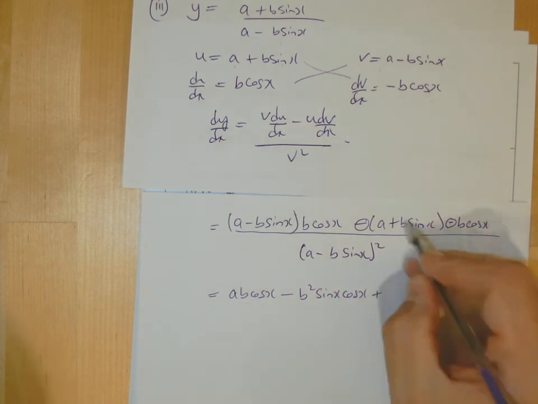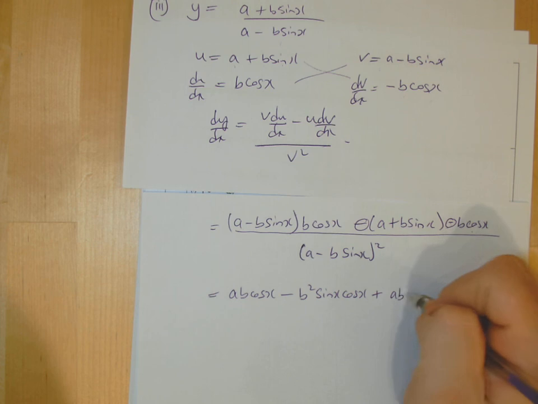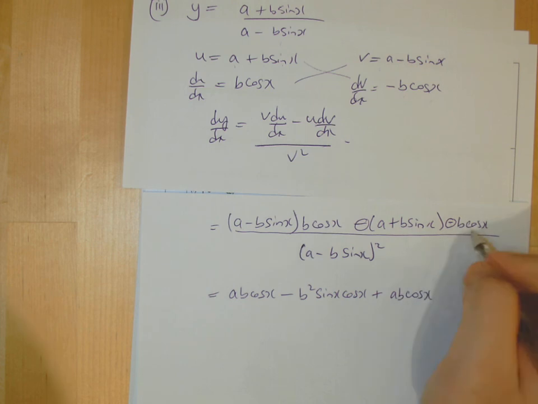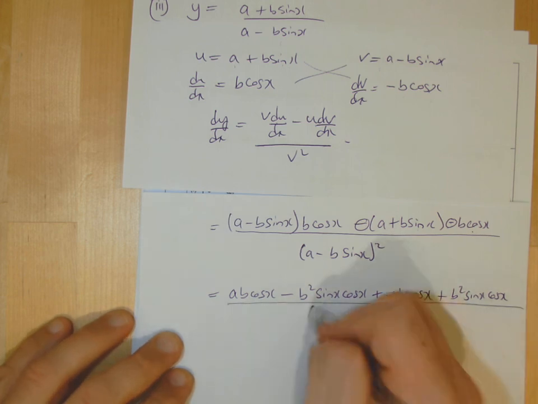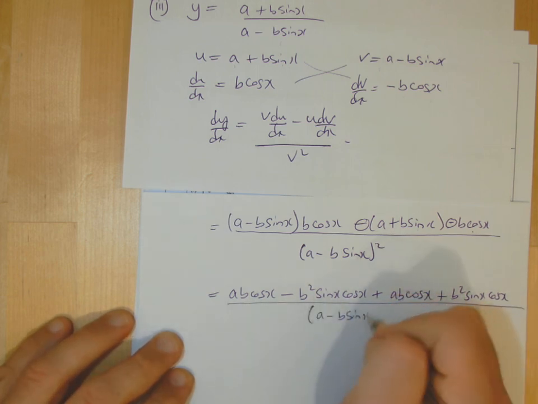So b cos x times a is ab cos x, and then b cos x times b sine x will be b squared sine x cos x, and of course then all over a minus b sine x all squared.